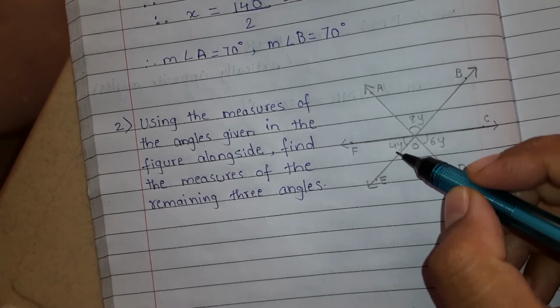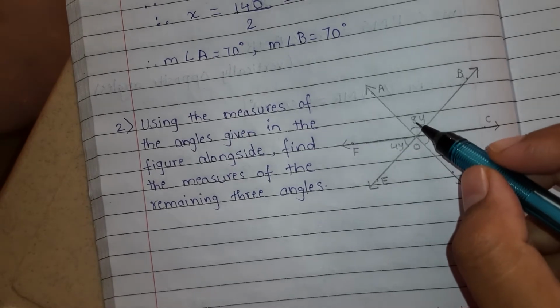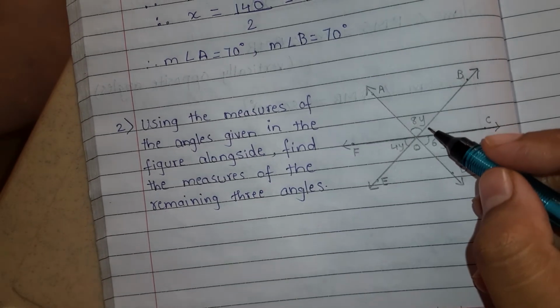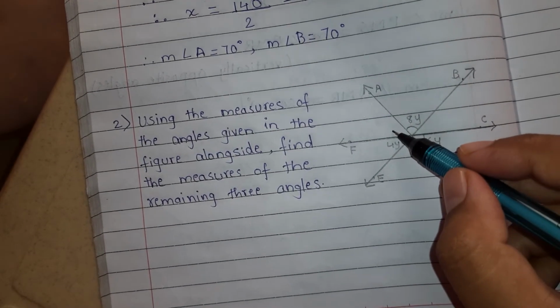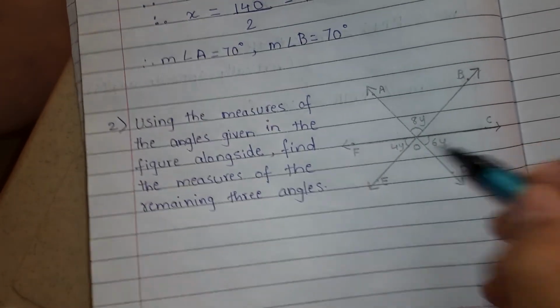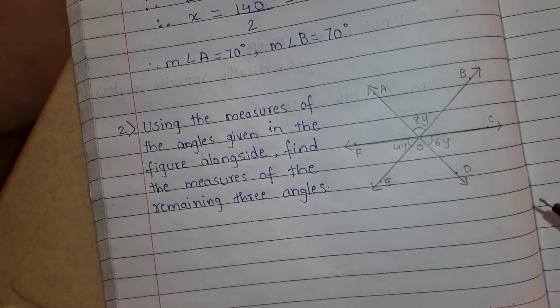Out of the 6 angles, the measure of 3 angles is given to you: 8y, 6y and 4y. By using this information, we have to find the measure of this angle and this angle. Understood the question? Now how to find the measure?